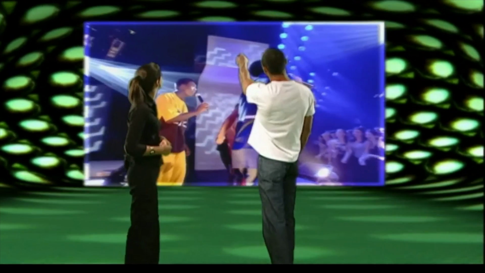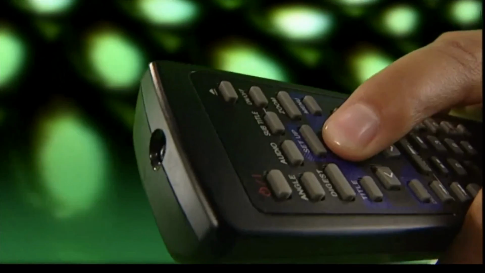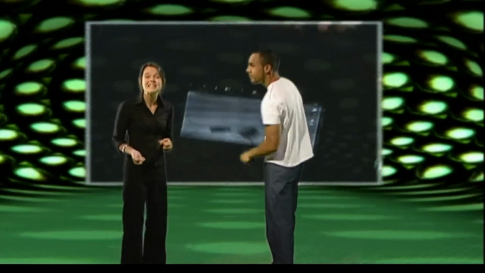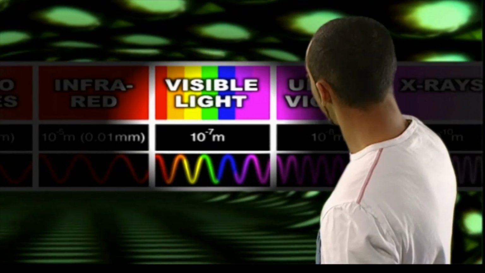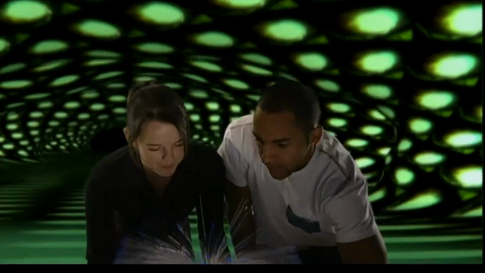And as for infrared, very useful. TV remote controls use infrared signals to change TV channels. Meanwhile, police use infrared night vision cameras in their helicopters. Visible light. We see things using visible light waves. True, but they're also used for sending information down an optical fibre.